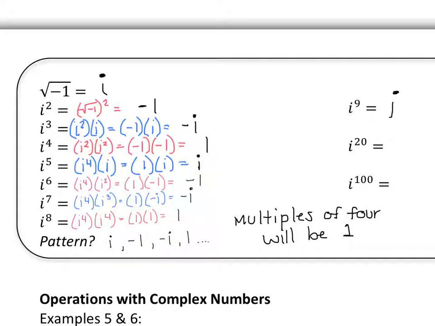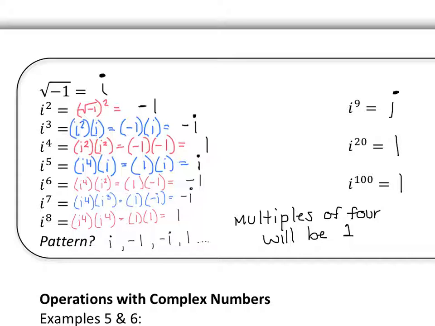So, i to the 20th, is that a multiple of 4? Yes, so it will be 1. What about i to the 100th? It'll be 1. What about i to the 101st? What comes after the 1? We restart the pattern, so it'll be i. So i to the 102nd would be -1. i to the 103rd, negative i.